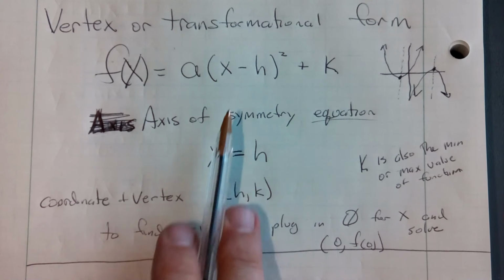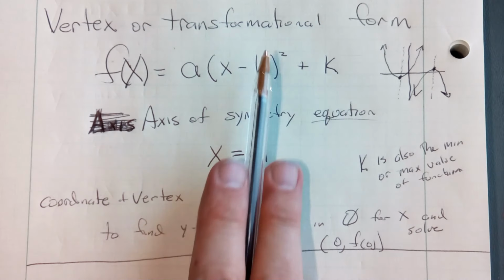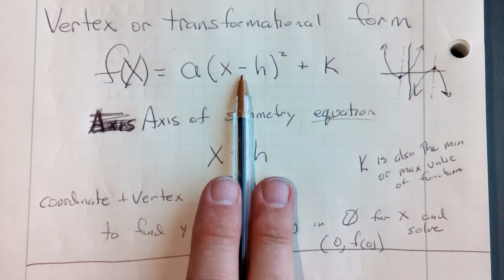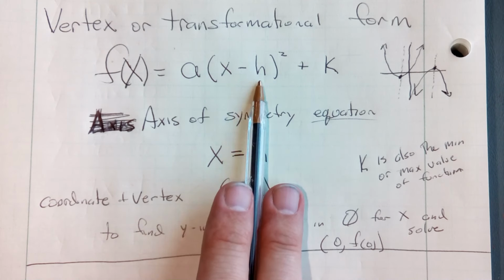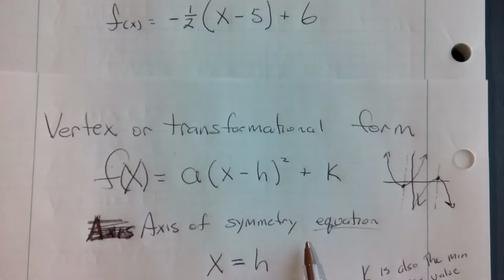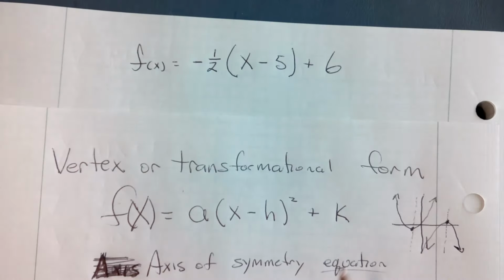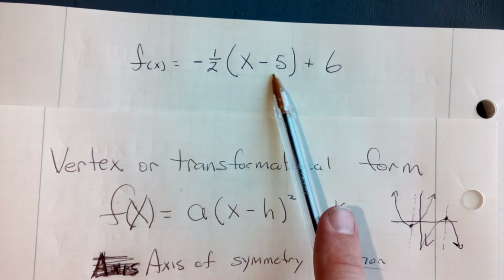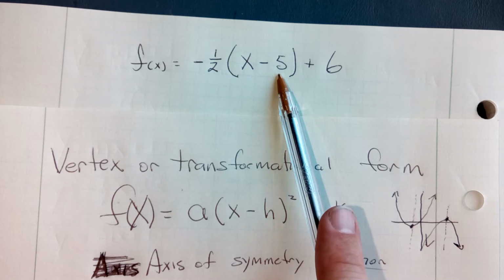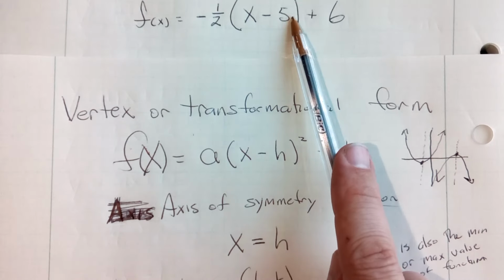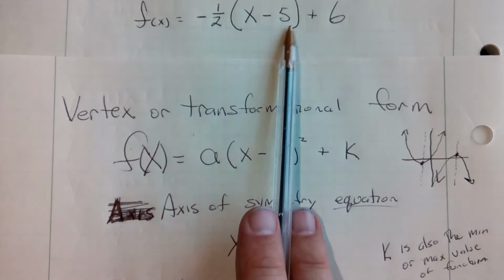In vertex or transformational form, it's just this h value. Make sure you remember that this is a minus sign. Let's look at an example. If it looks like this, f of x equals negative 1/2, parentheses x minus 5, squared, plus 6, the x value for the vertex is positive 5.